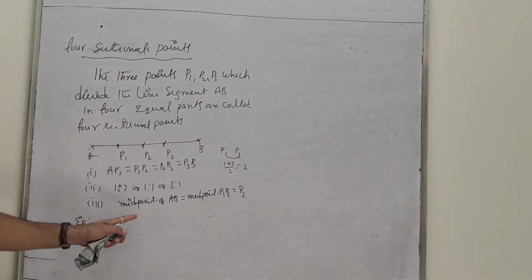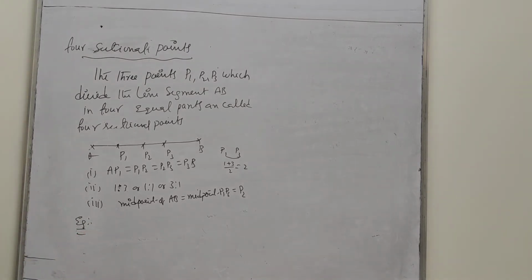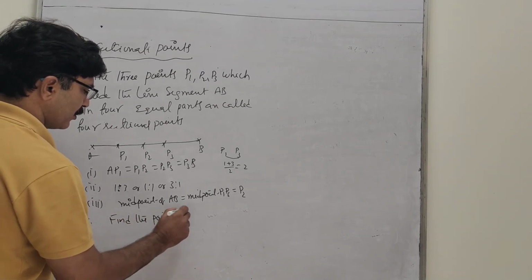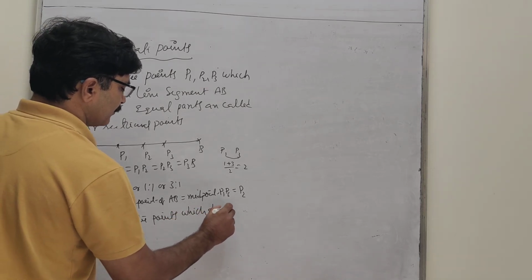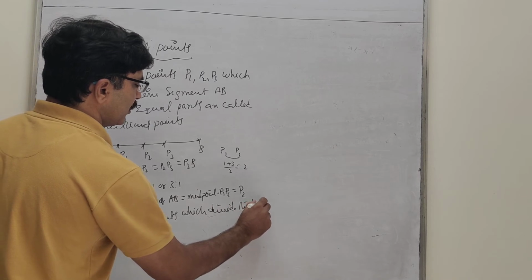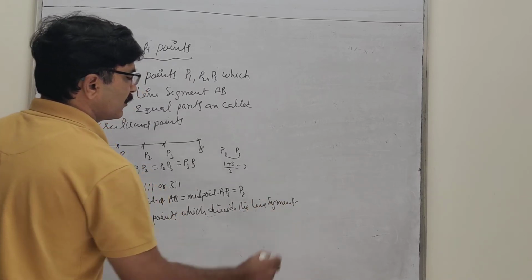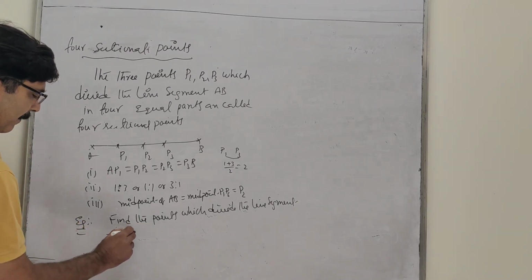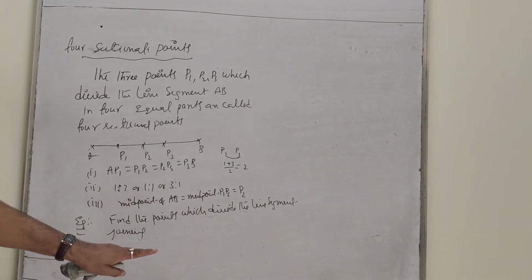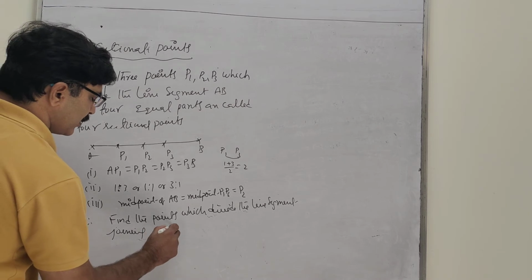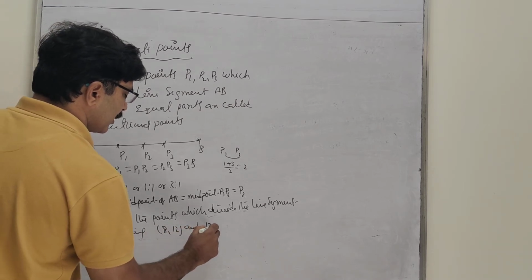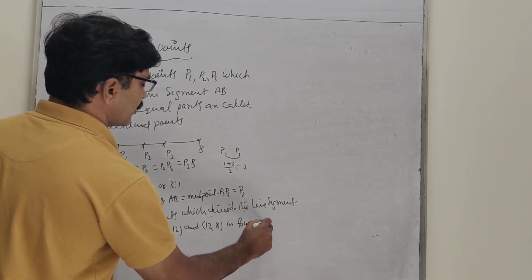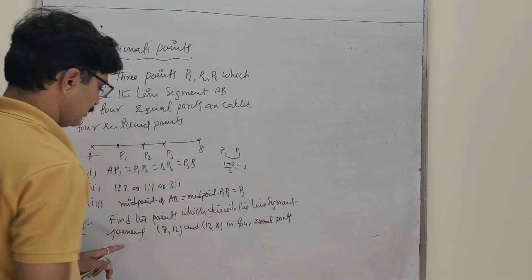Find the points which divide the line segment joining the two points (8, 12) and (12, 8) in four equal parts.